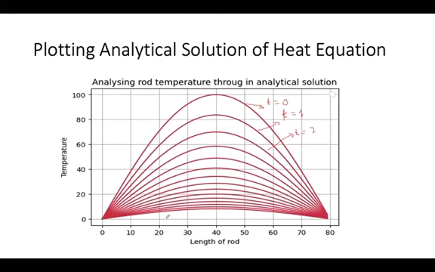A stage will come when the temperature will be exactly a straight line like this at some value of t, suppose 15 seconds or whatever. The temperature will come down.